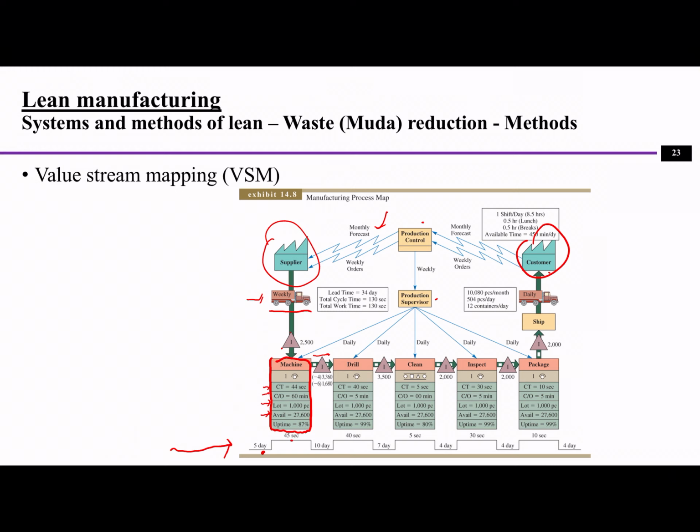And also there are communications of monthly, weekly orders, all this information. So basically, this is the whole setup of this value stream map. You need to include all the items in there, based on the system or the project, based on the processes you are trying to analyze.